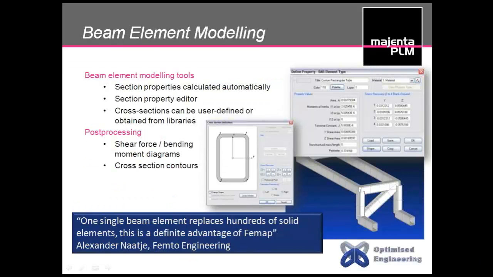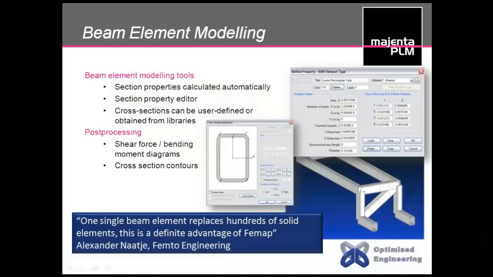We've also got some powerful beam element modeling capabilities in Femap. Again, this is a further level of idealization beyond shell meshing, where you take a structure and a beam model structure, and you represent the beams with just line elements, but then you define the section properties of those lines or beams.